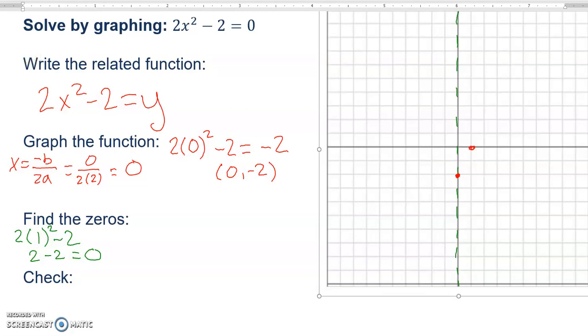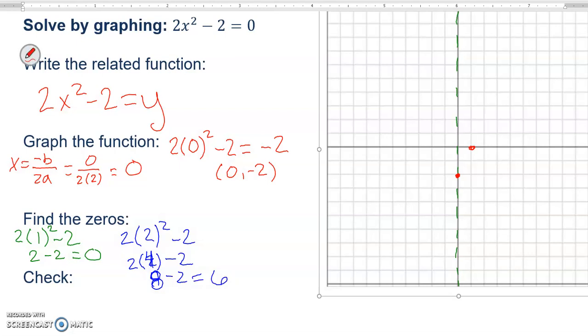And then I'm going to pick another point. We'll say 2 this time. So put 2 in for x. So 2 squared, oh, I'm sorry, 2 squared is 4 times 2 is 8, minus 2 is 6, so then that point is 2, 6, so we're going to graph that.